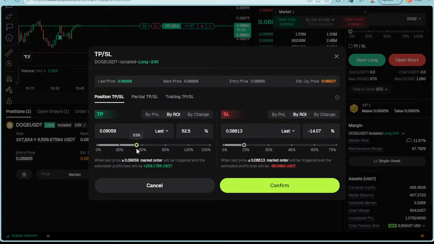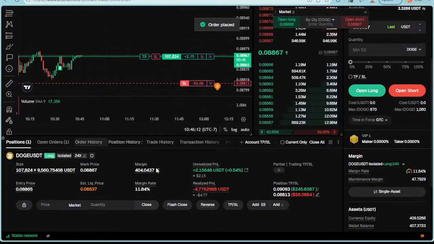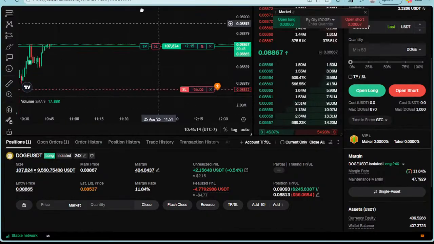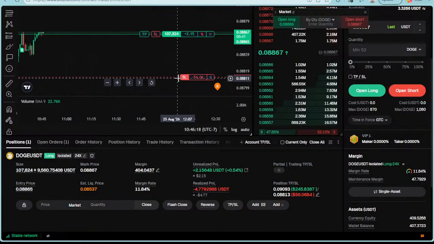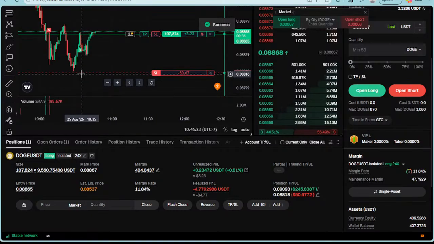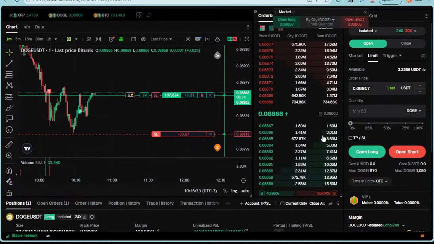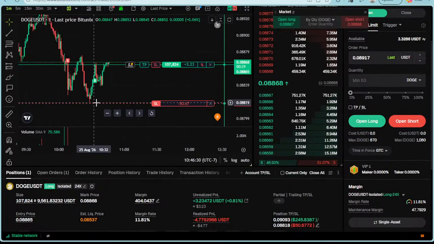I'm going to put it a little bit higher here, because I'm going to go for 60% on this, but I'll move my stop loss here from 56. I'll move it up so that I'm safe. So you see how it's starting to move a little bit here? I'm going to move my stop loss up to the bottom of this little area here that would be the last time it touched.